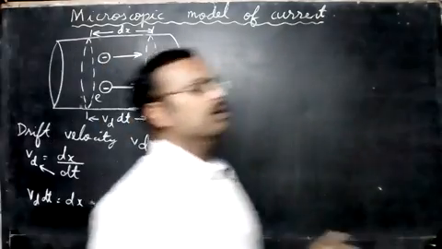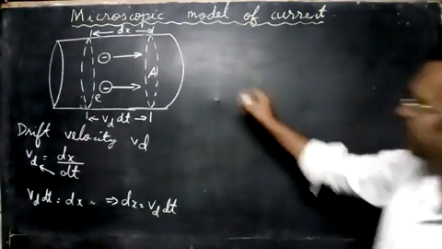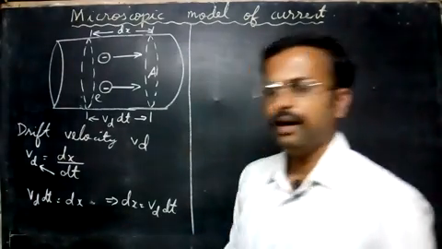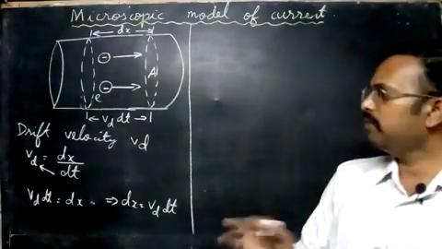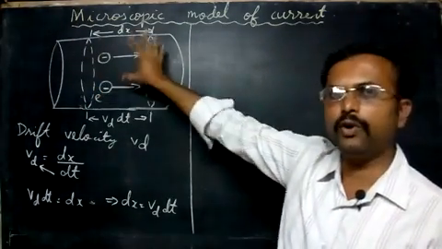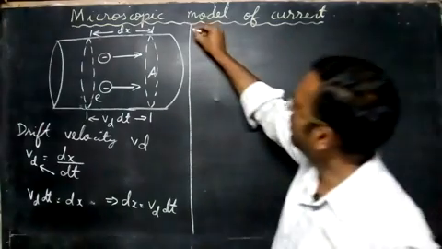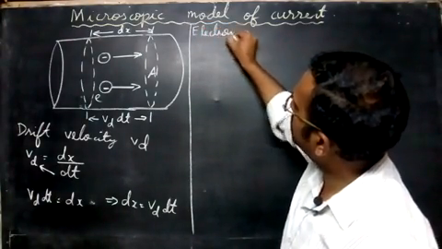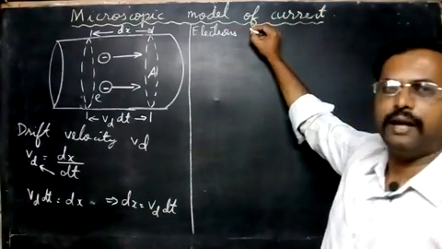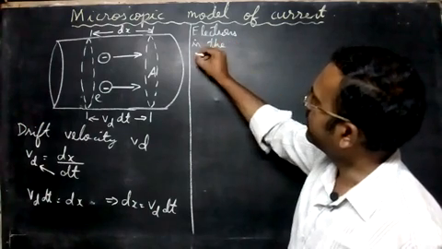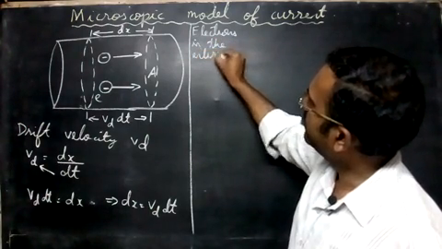Now what we do is draw a line here first. How many electrons are in the volume of the conductor? This is a wire here. How many electrons are there in the full volume? So let's take the total electrons available in the entire volume of the conductor.